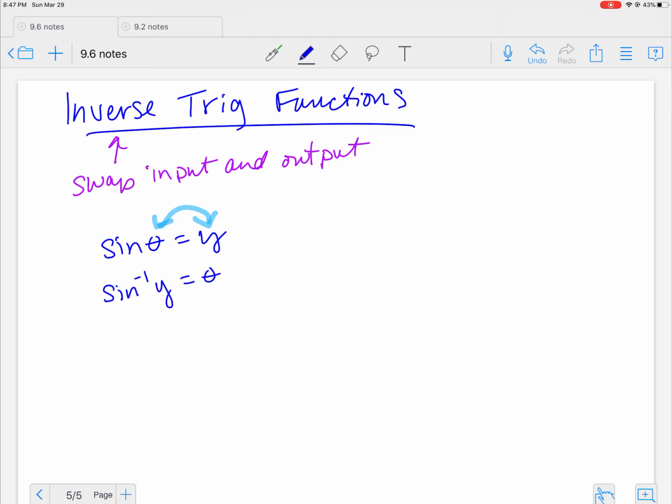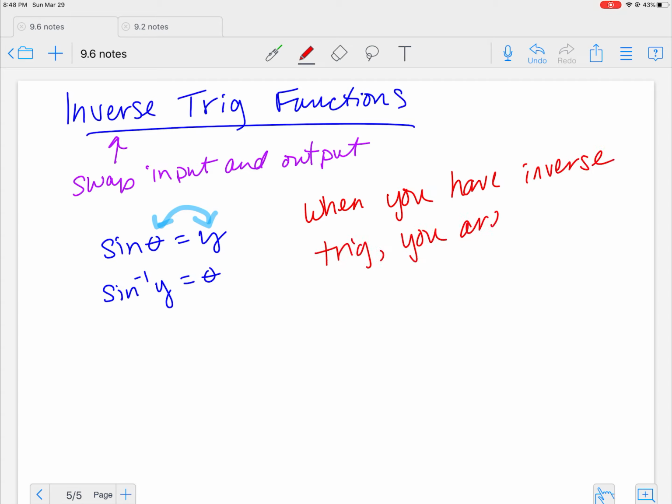Just like when we had inverse functions and we put that -1 up in the exponent, the same thing is happening here. My symbol for inverse trig means that I'm going to have the inverse sine of y, which is the output, equals my angle.